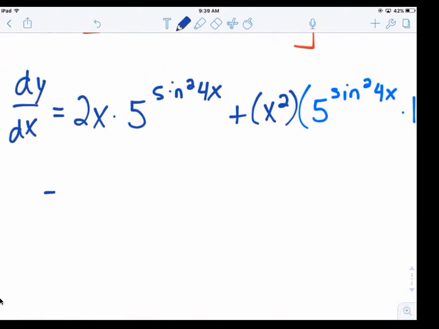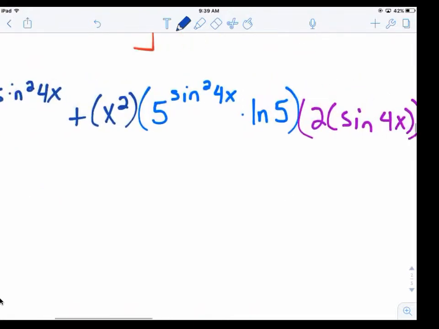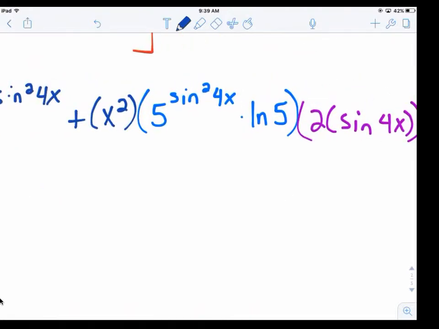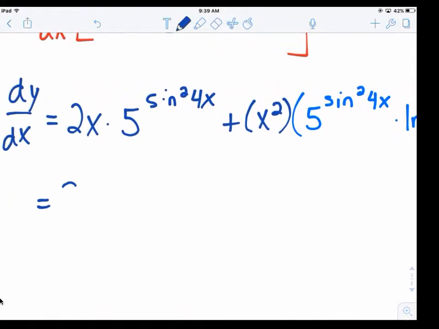So you have a 2 here, and you have an x squared. So you can take one of those x's with it. So you have 2x times 5 sine squared 4x.